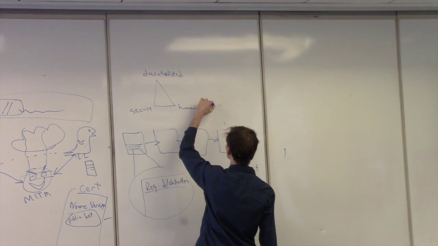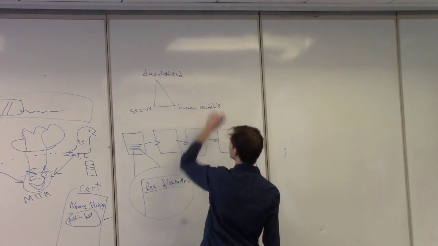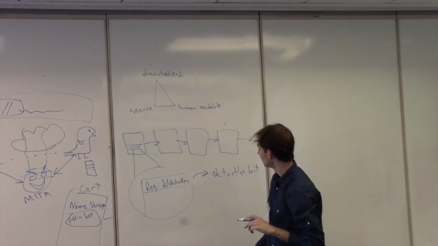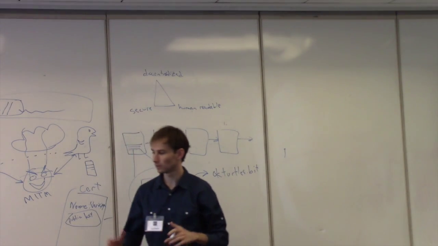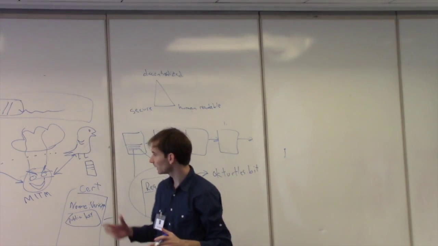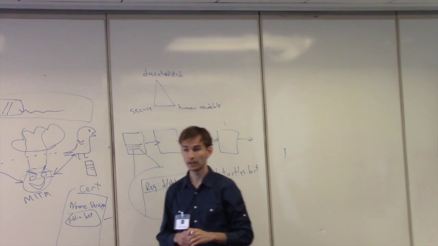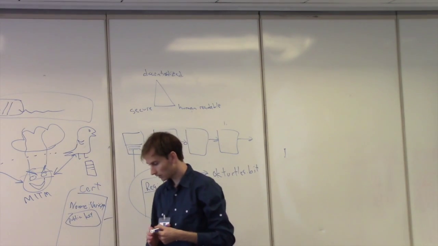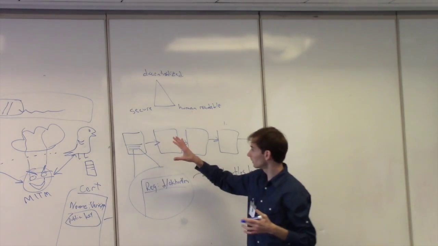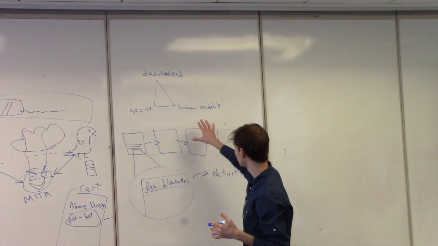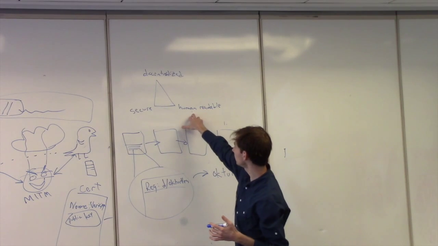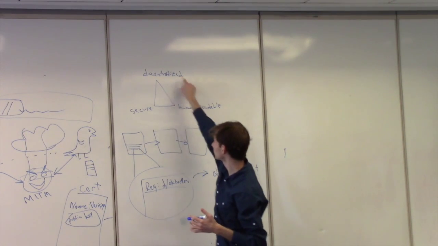So you can have only 2 of these properties, but not all 3. And then some people started thinking about it after Bitcoin arrived. And they thought, well, could it be possible to use the blockchain that powers Bitcoin to create a naming system that has all 3 properties?